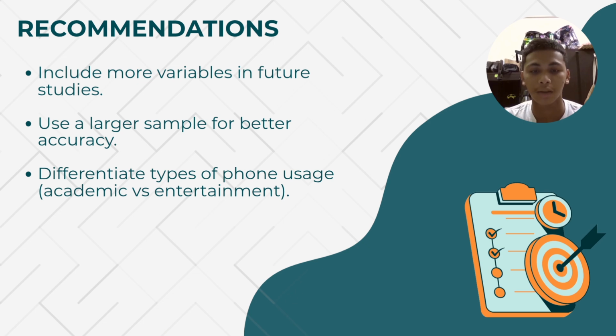Thank you. Based on our findings, we propose a few key recommendations for future research. First, it's important to include more variables in future studies to capture a wider range of factors that might influence the result. Second, using a larger sample size can significantly improve the accuracy and generalizability of the findings.